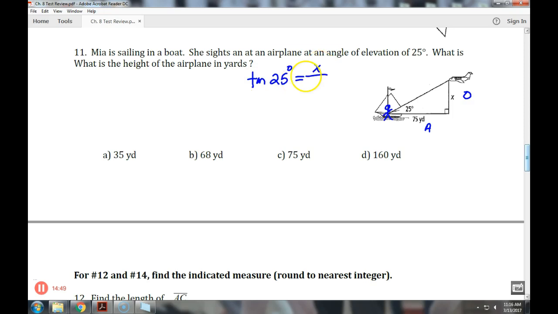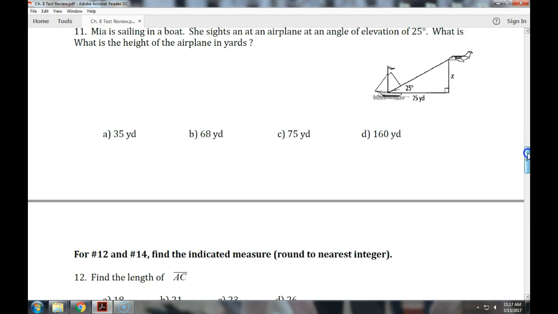I don't have the opposite. So looks like X is high, I gotta multiply. And punching that in my calculator, I'm getting about 35 yards. So moving right along, number 12.